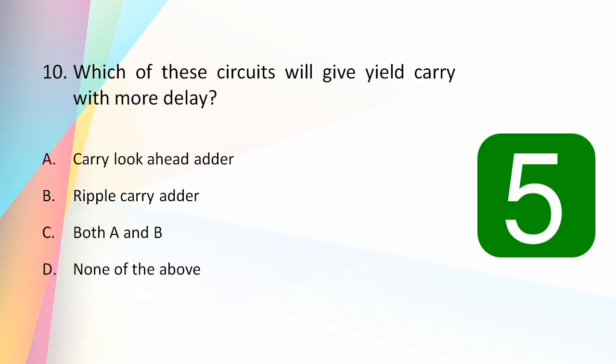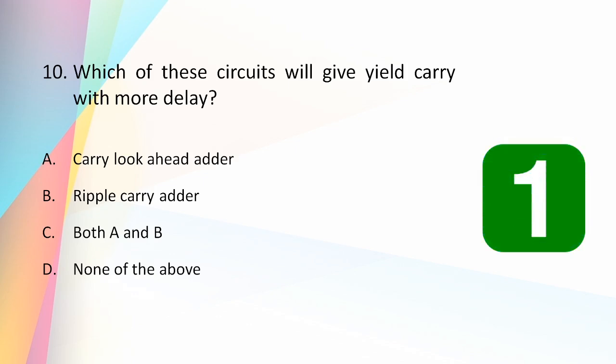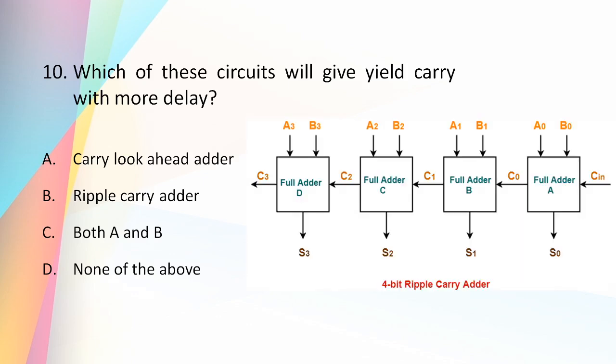Which of these circuits will give carry with more delay? Carry look ahead adder, ripple carry adder, both A and B, none of the above. The answer is ripple carry adder.